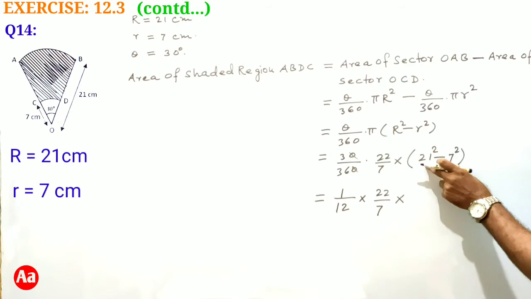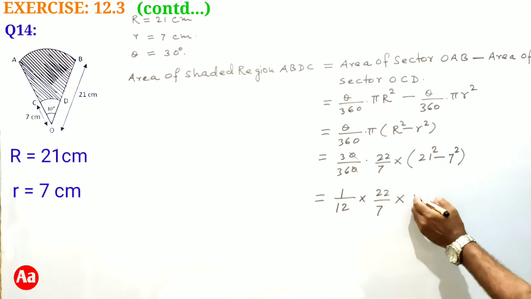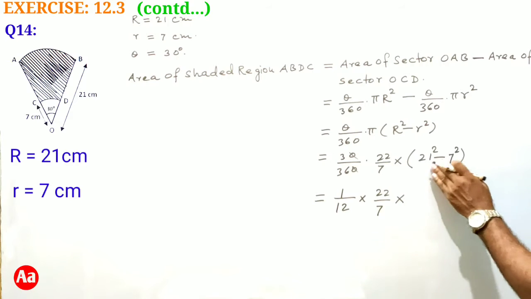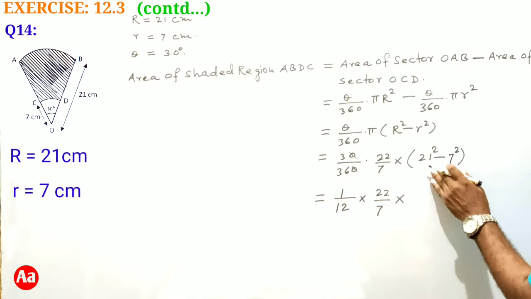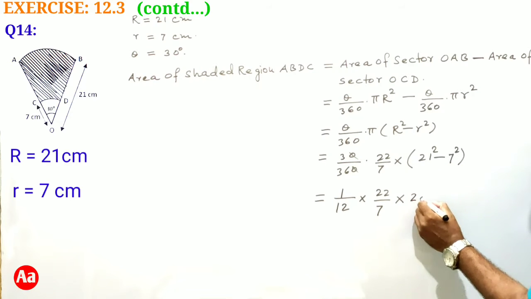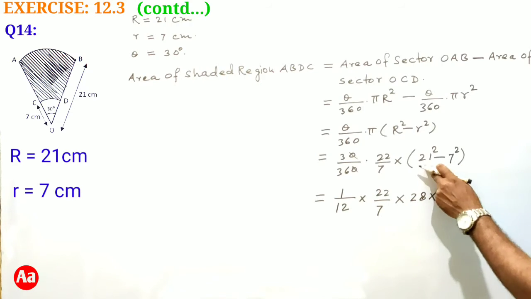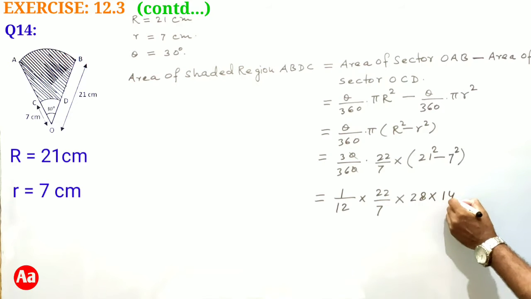Here let's apply the a square minus b square formula. So a plus b into a minus b: 21 plus 7, 28, into 21 minus 7, 14.